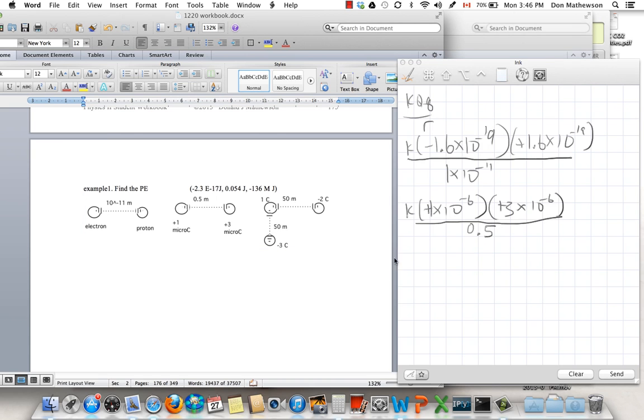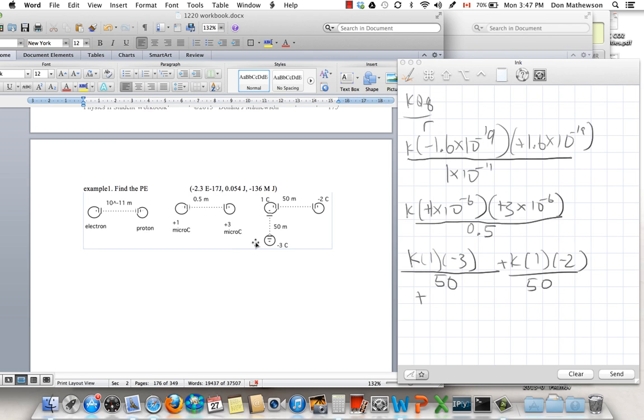Now, for this last potential energy, there's going to be several terms. kqq over r. So first you're going to have 1 coulomb and minus 3 coulombs, and that's separated by 50. So there's the potential energy of those two. Then there's the potential energy of these two. So that's 1 coulomb and minus 2 coulombs, again separated by 50.